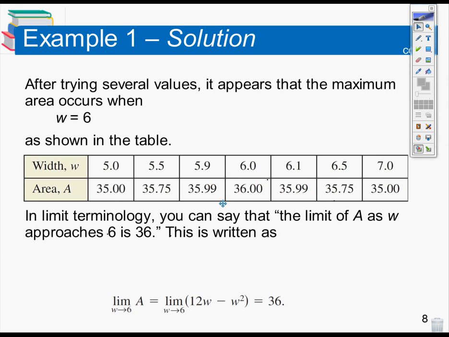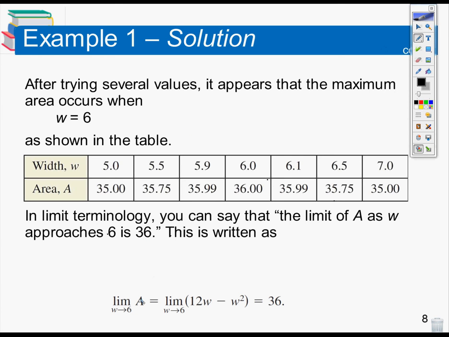But a way that I can say this in terms of limits is that the limit of the area function as the width approaches 6 is 36, and the way that we write that is down here at the bottom.